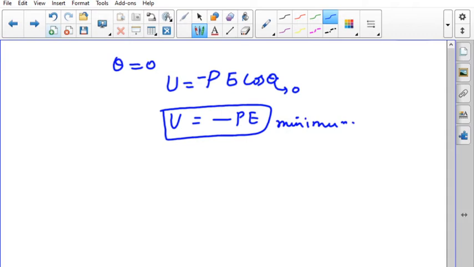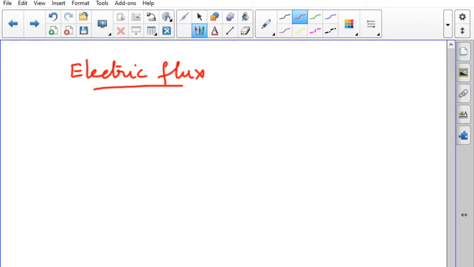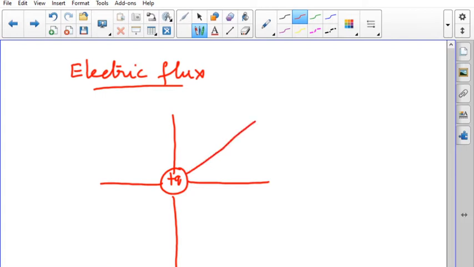Let us move on to the next topic, electric flux. Here we know very well that if there is an isolated charge, there will be any number of field lines existing around the charge.